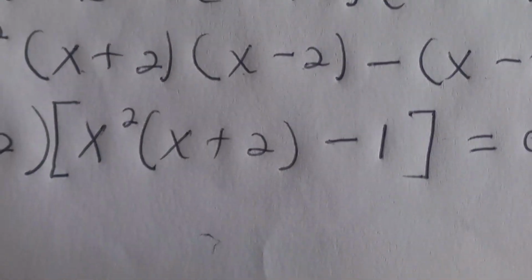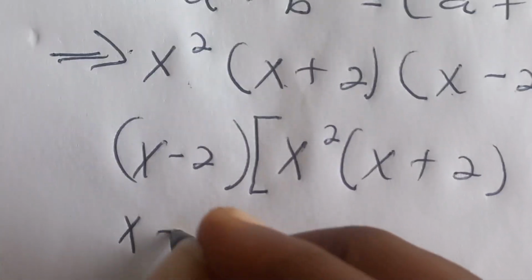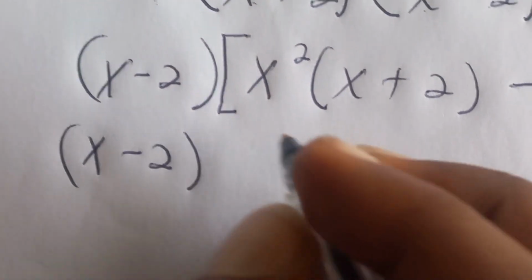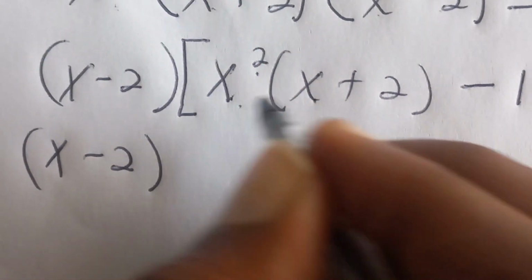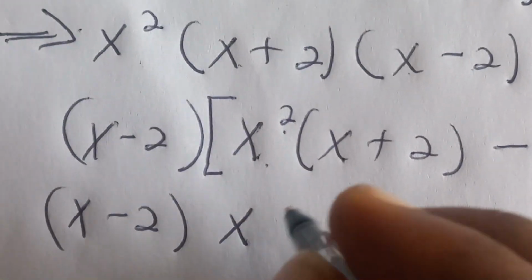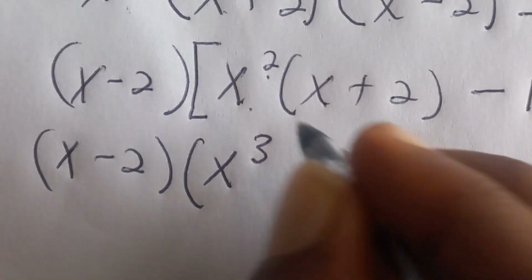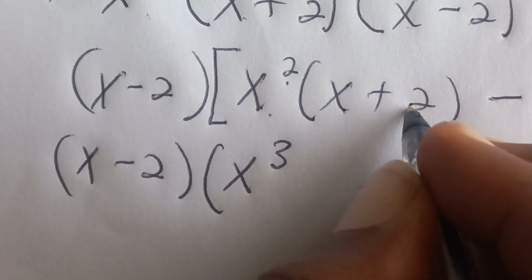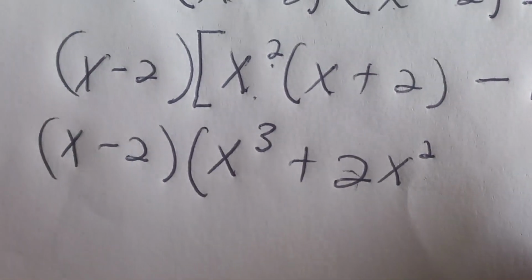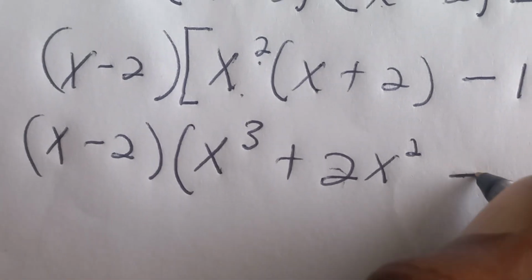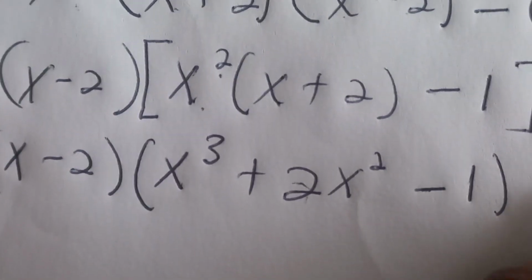So from here, we have (x − 2) times [x times x² giving x³, then x² times 2 giving plus 2x², and then our negative 1] is equal to 0.